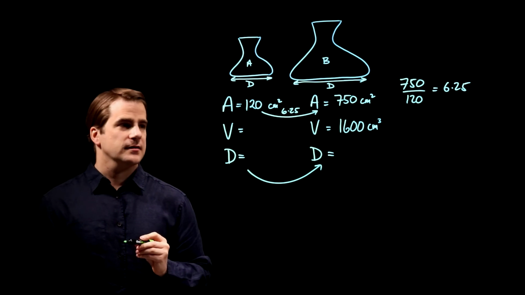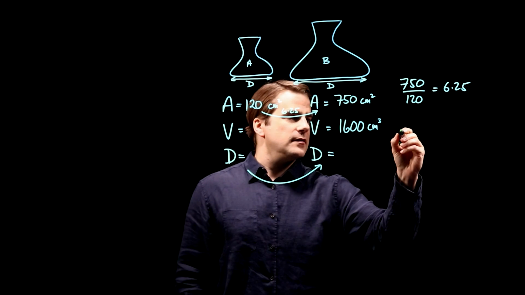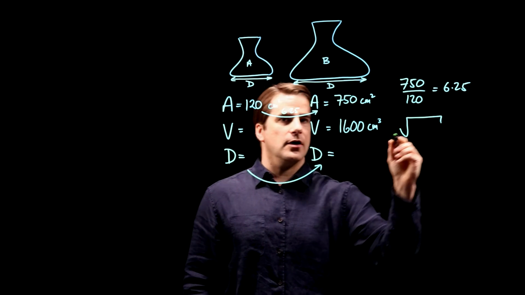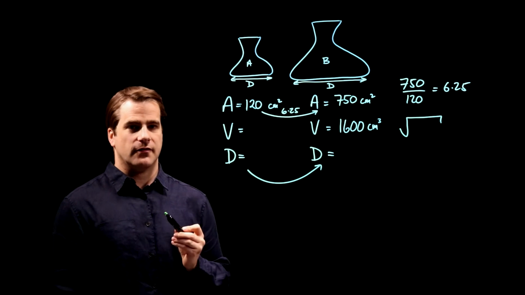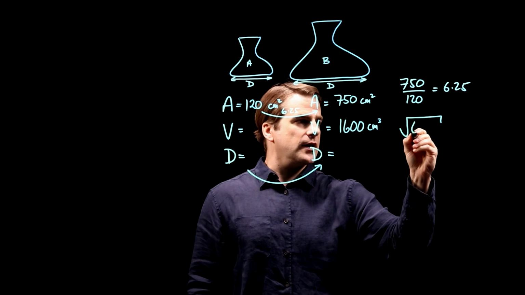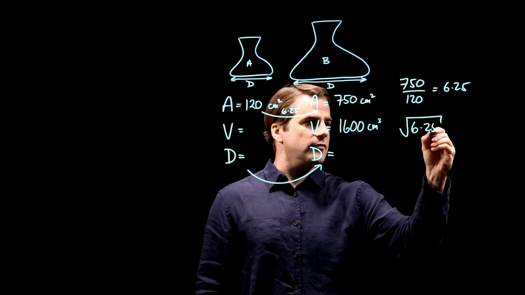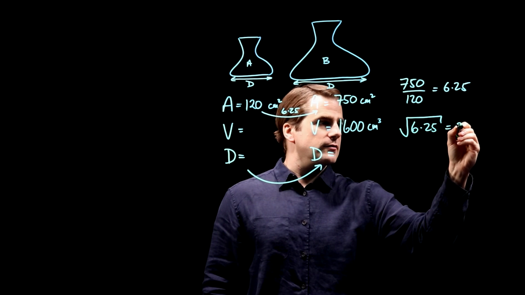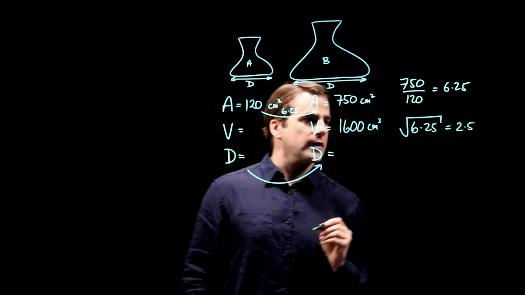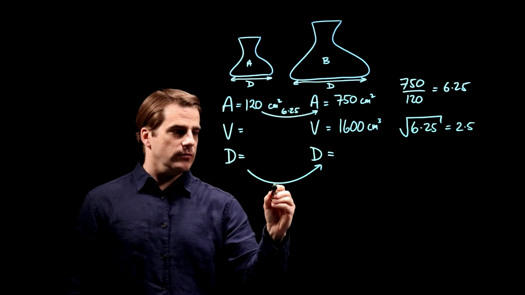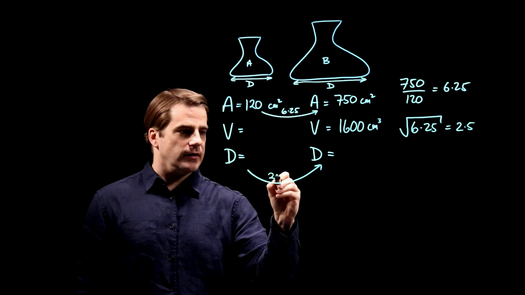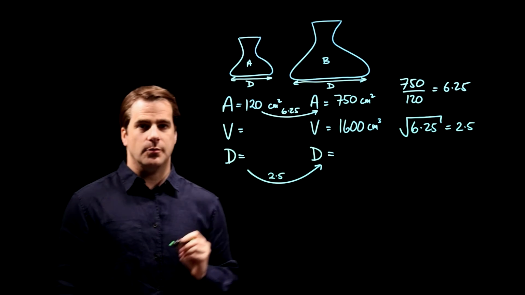And to do that, you quite simply take the square root of the area scaling factor. So in your calculator, do the square root of 6.25 and you get 2.5. Okay? So we know that the diameter scaling factor is 2.5.